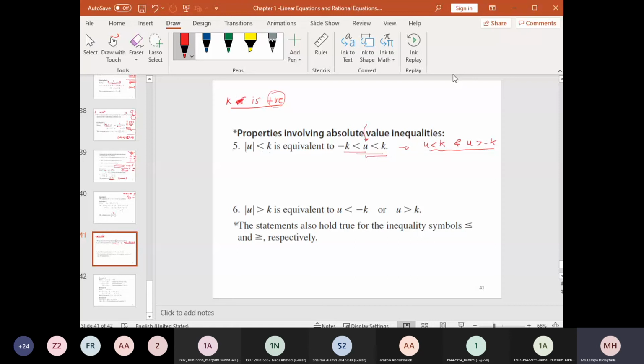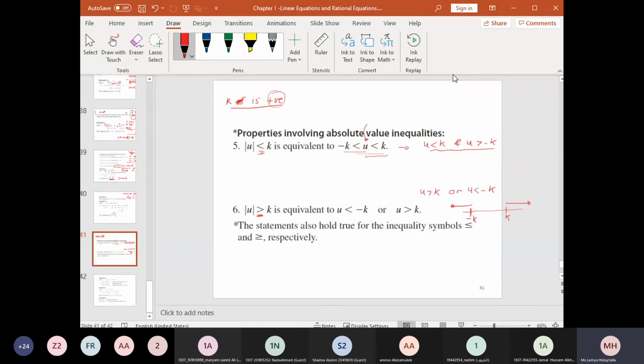Now if the sign is greater than instead of less than k, then u is greater than k. Good, but with or, because the intervals are opposite: or u is less than minus k. So in this case, the k is going to be like this, and minus k here, so it is this interval.